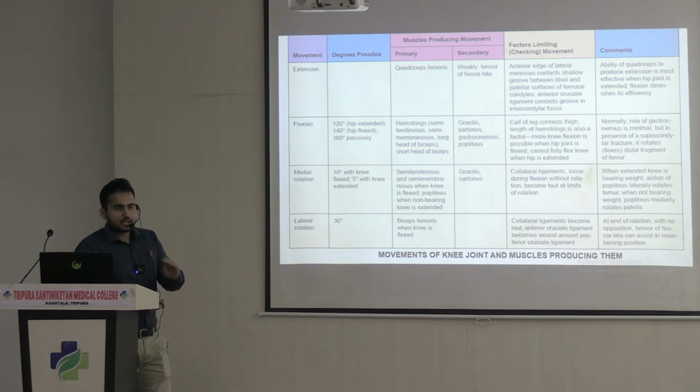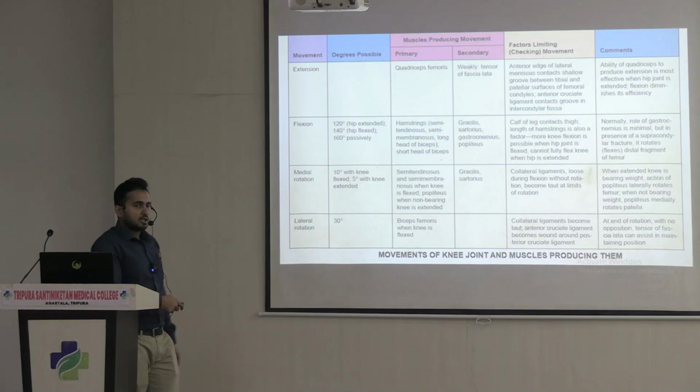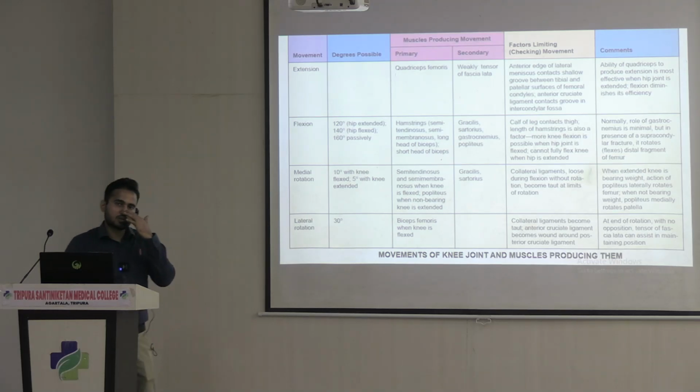In a synovial joint, there is a certain limit or range of movement; beyond that, movement will not take place, and certain factors are responsible for that, and the list is given. All those things were discussed earlier, and lastly some important points related to these movements are given. So I request everyone to please go through this chart. You will come to know many things related to the knee joint, especially its movements.